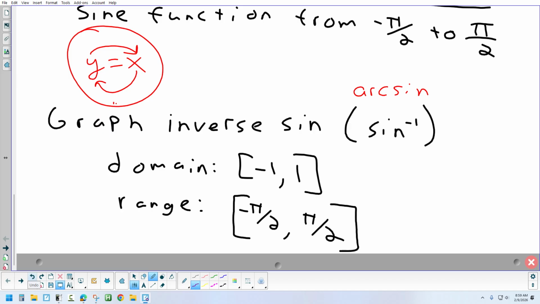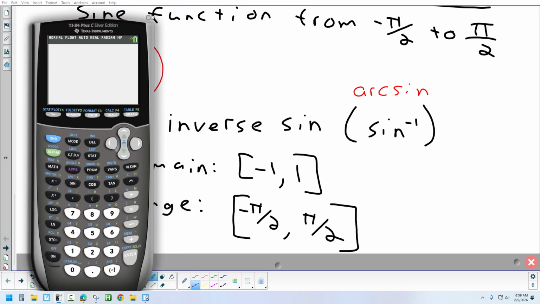So let's graph inverse sine. We'll set that window up, and that should show us a good picture. Let's clear everything here. Let's put in inverse sine. Also I want to make sure that I am in radians. And I am in radians. So x, negative pi over 2, that's negative 1.57.